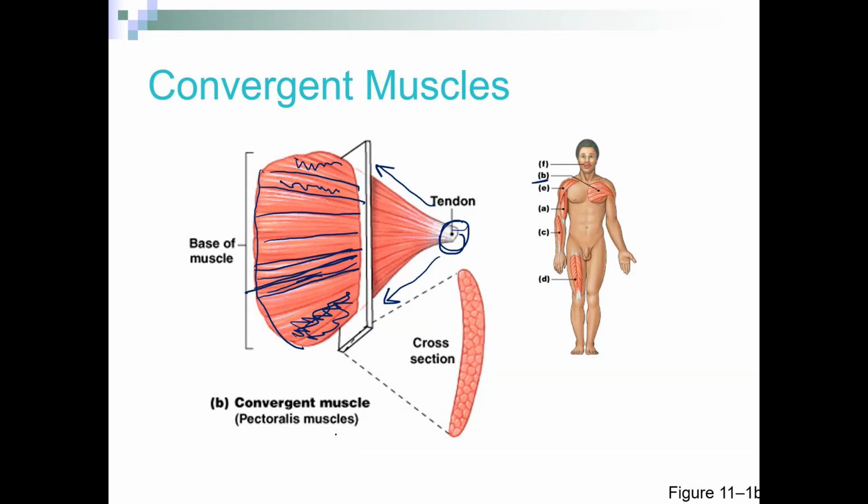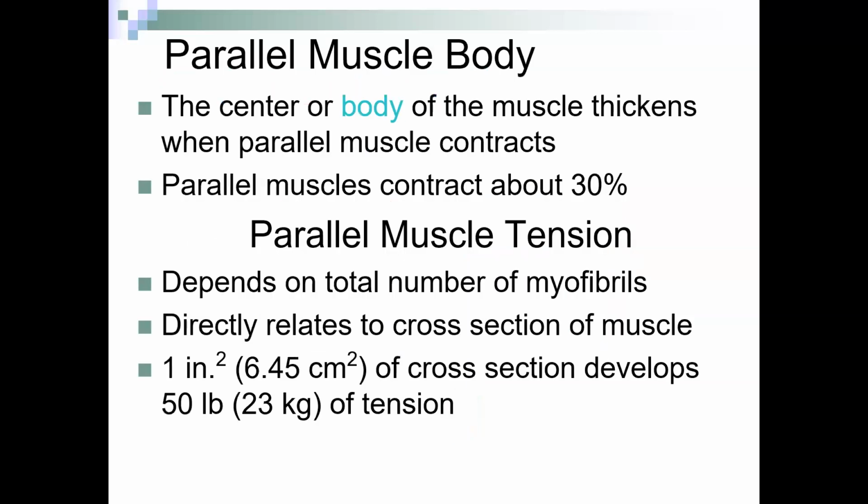Since the pectoralis is connected, as you can see here, to your humerus, you can use the convergent muscle to move your humerus up, middle, down, rotate it in, rotate it out, all sorts of movements. So you have a far wider range of motion with convergent muscles than with parallel muscles, right?